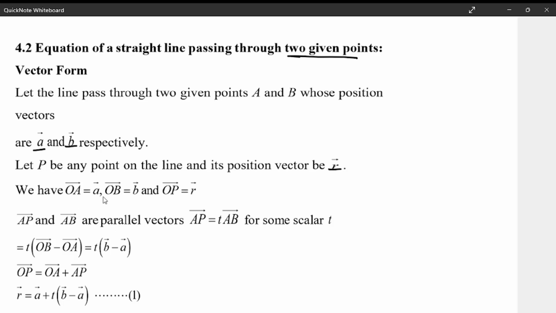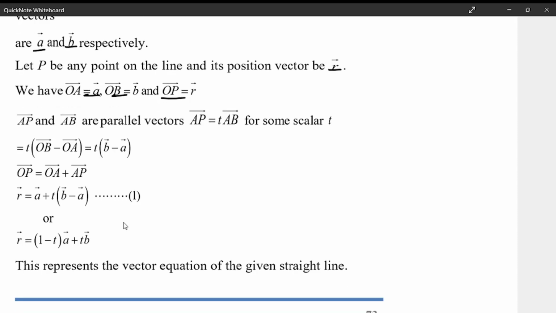Then OA is equal to a, OB is equal to b, and OP is equal to r. Since we have two given points, AP and AB are parallel vectors. For that matter, we can say that AP is equal to t times AB for some scalar t.